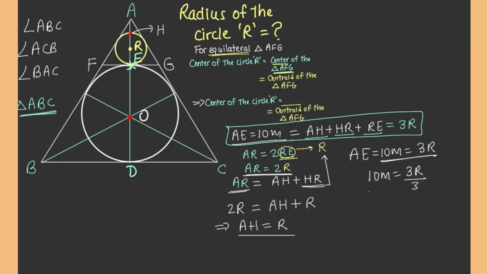Divide both sides by 3 and we get R equal to 10 over 3 meters. So the radius R of the smaller circle is equal to 1/3 of 10 meters. This is our answer.